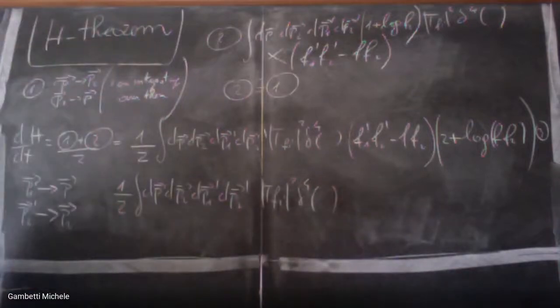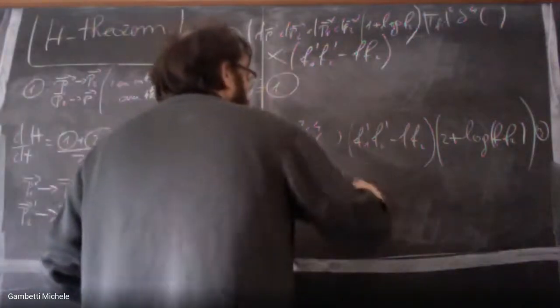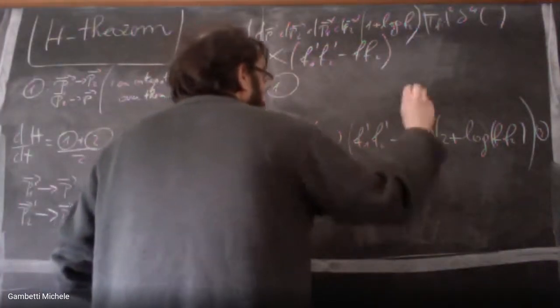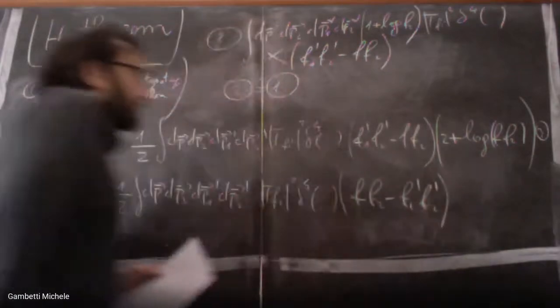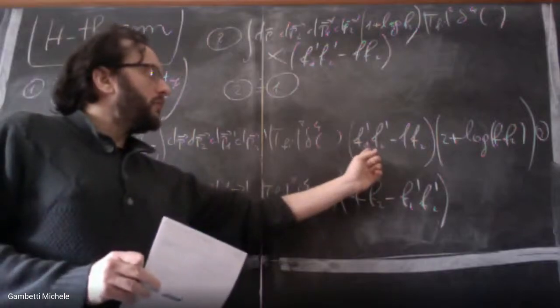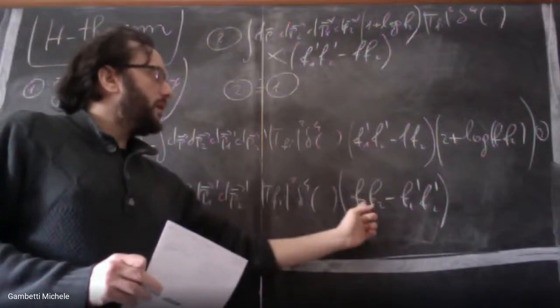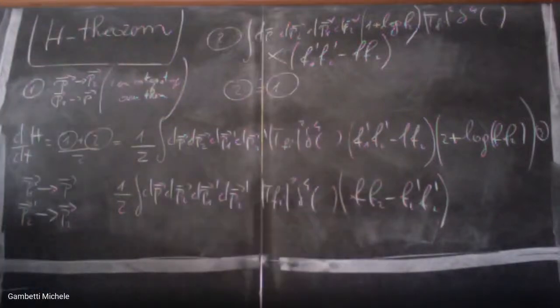And now here I have f2 minus f1 prime f2 prime, because I'm switching from p1 prime to p, so this becomes f and it becomes f2, and the same for the other term.